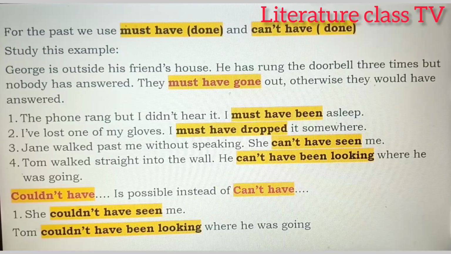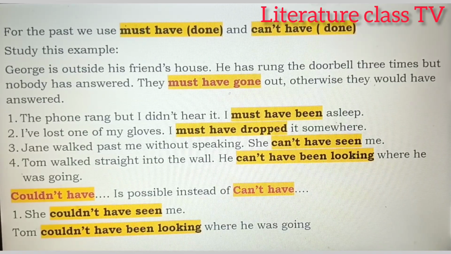He can't have been looking where he was walking. Exactly. If he knew where he was going, he can't have walked straight into the wall. Are we together, my friend?